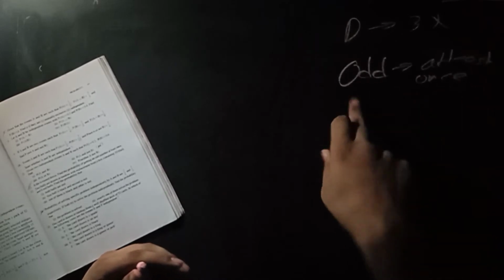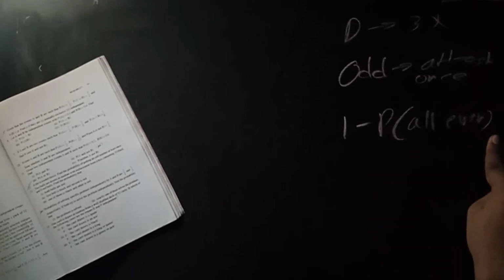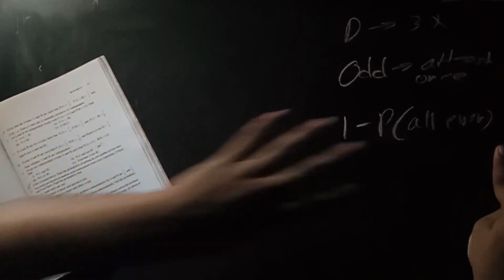Rather you can do it in another simple way. Odd at least once is 1 minus the probability of all even, because when they are not all even, at least one is odd. So we can just use this formula. This will be a lot easier.